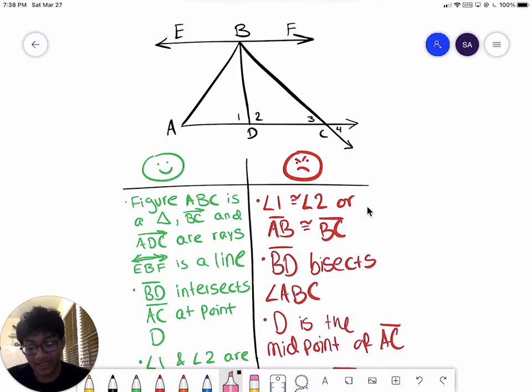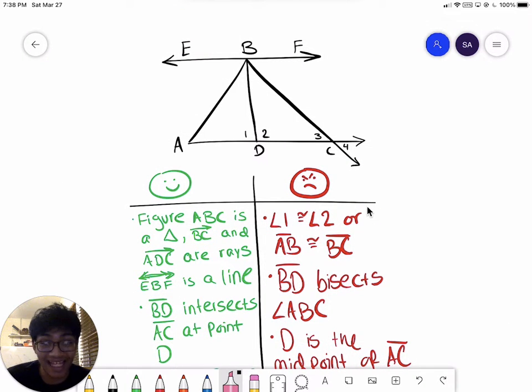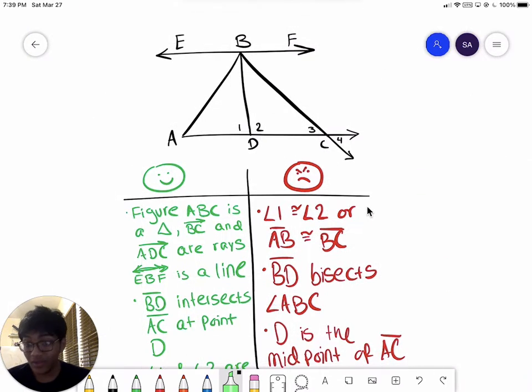And let's say you're given this diagram. What are some things you can and cannot assume? Well, you can assume, for example, that this figure right here is a triangle. You can assume that BD and AC intersect at this point D, and you can assume a bunch of other things, but there's a few things you cannot assume.